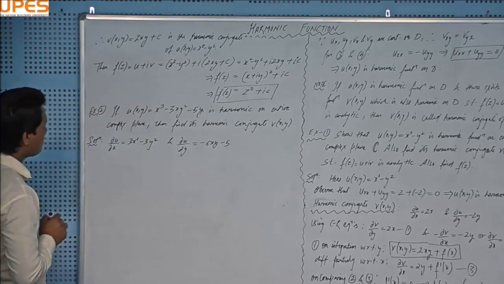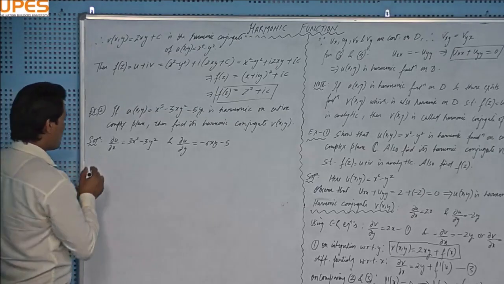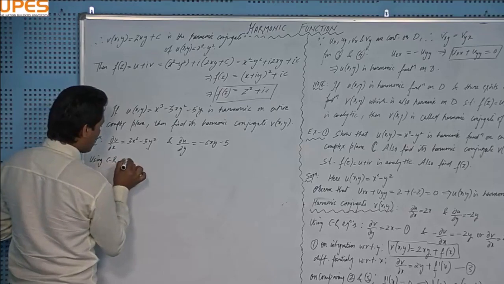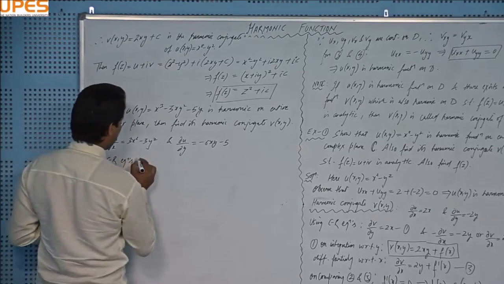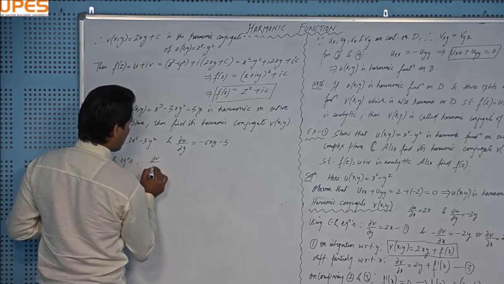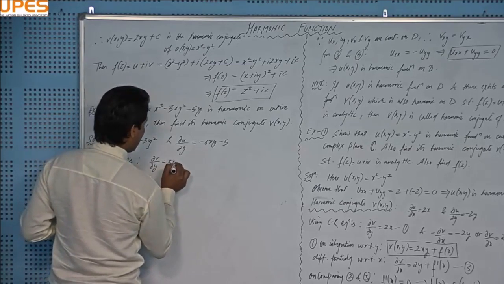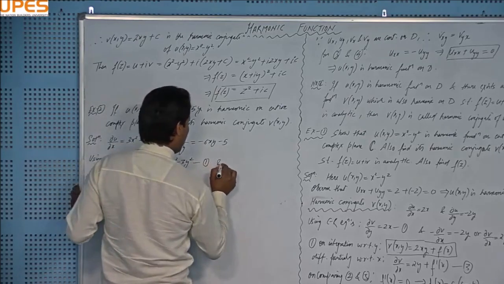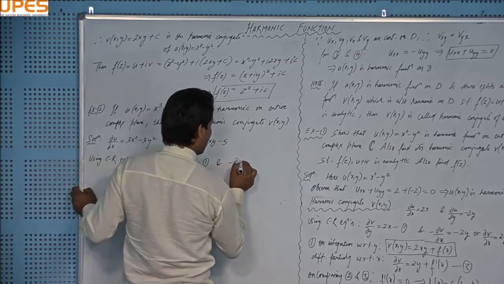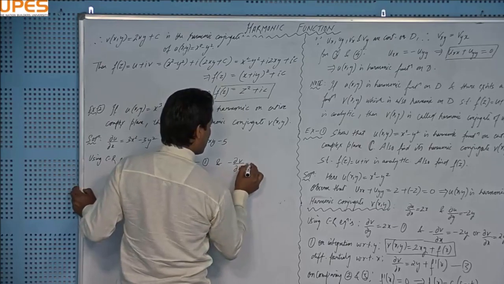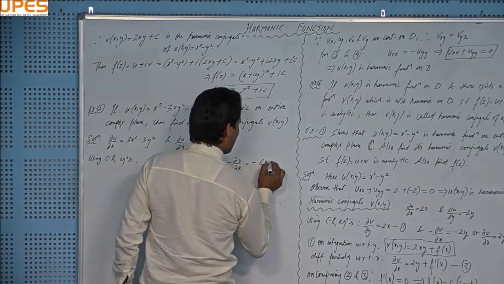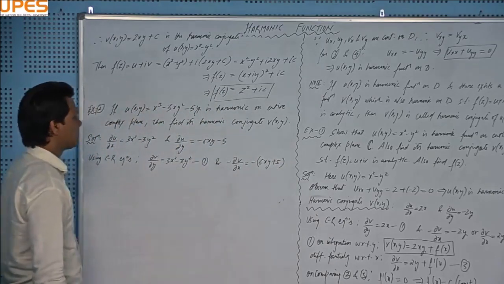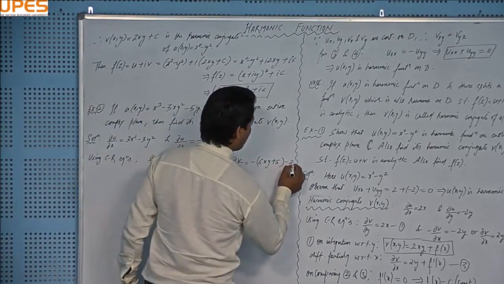Okay, then using CR equations, I will get del v over del y equal to 3x square minus 3y square. This is equation number 1, and this will be negative of del v over del x is equal to negative common 6xy plus 5, and this negative will be cancelled finally. Okay, this is equation number 2, right?